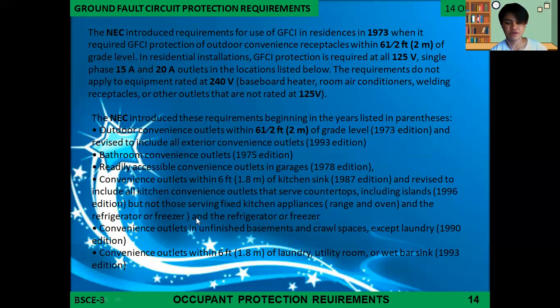Convenience outlets in unfinished basements and crawl spaces, and laundry, 1990 edition. Convenience outlets within 6 feet or 1.8 meters of a laundry, utility room, or wet bar sink, 1993 edition.